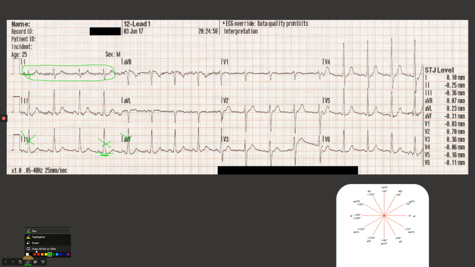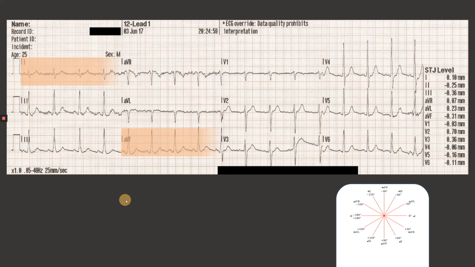So having established that lead 1 is my most biphasic lead, what I want to do now is look at the complementary lead, right? Each one has a complementary lead. So lead 1 and AVF, they're complementary. So you find that biphasic one, you go to the complementary lead, which is going to be AVF in this case, and I look at the direction of the QRS.